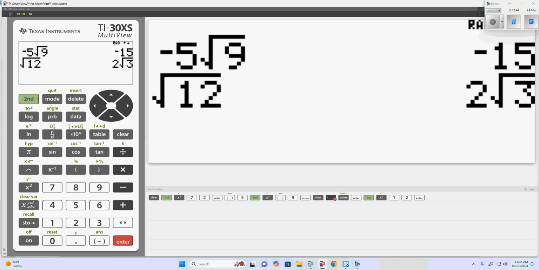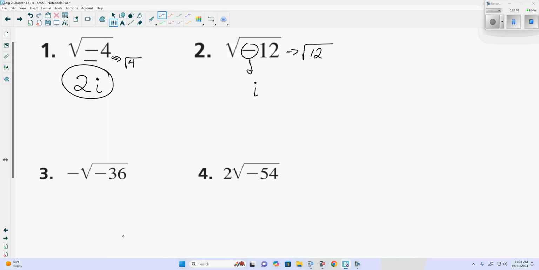It tells us it is 2 square root of 3. So the square root of 12 is 2 square roots of 3. But for our square root of negative 12, it would be 2i square root of 3. Because the I is always going to come out of the radical. Questions on this here?